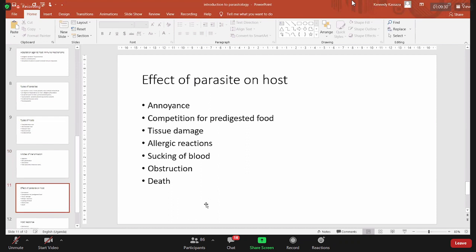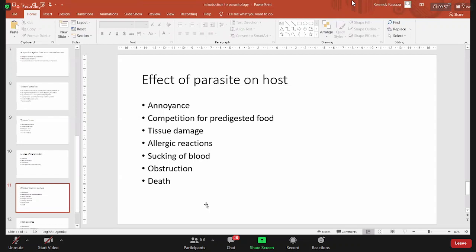Let us look at the effect of parasites on the host. The first one is annoyance, like the mosquitoes. When they are moving around in the room, they cause annoyance. Another effect could be competition for pre-digested food.